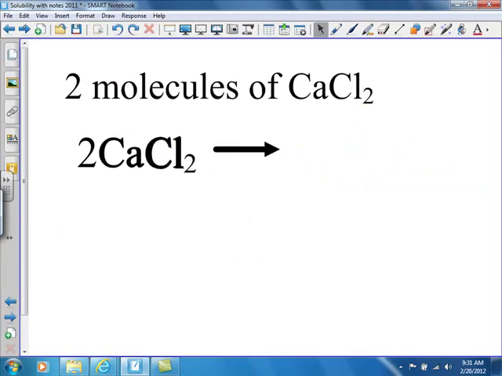If I had 2 molecules of calcium chloride dissolved, okay, so I put a 2 in front of here, how many calciums would I have? And because I have 2, I would have 2 calciums come out of this. How many chlorines do you think would come out?